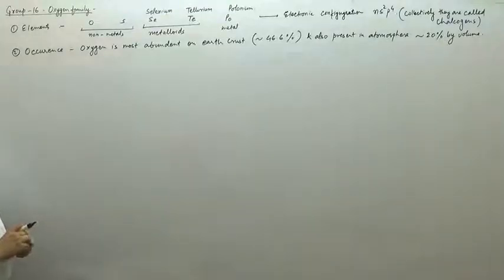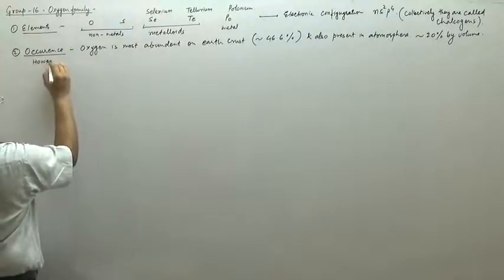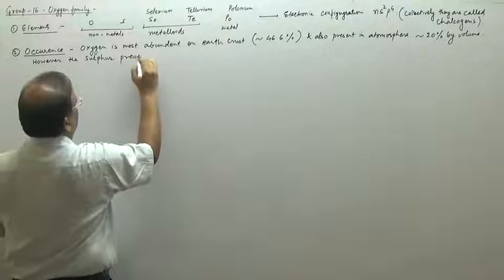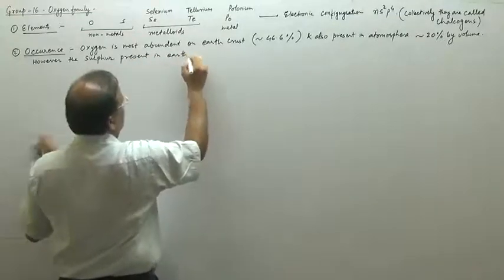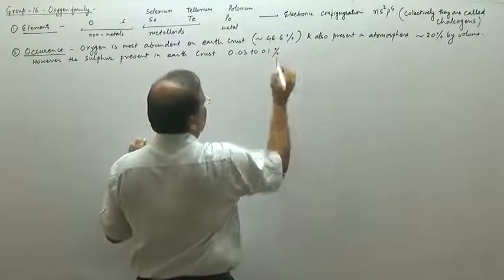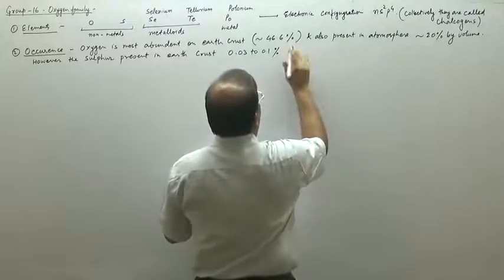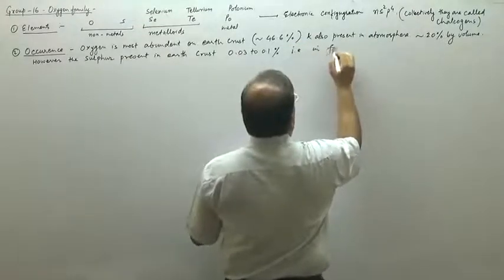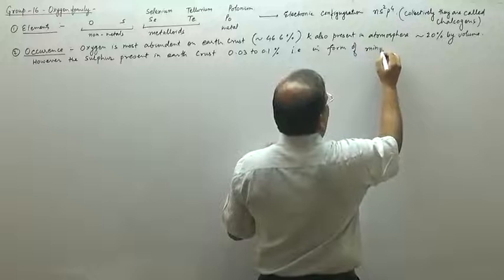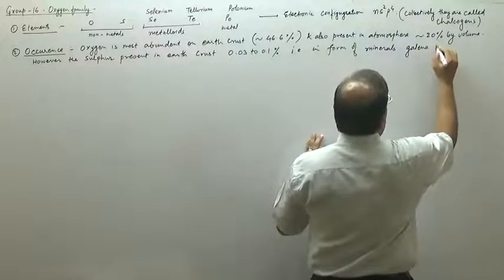However, sulfur is present in the earth crust at around 0.03 to 0.1%, in the form of minerals, like galena, that is PbS.